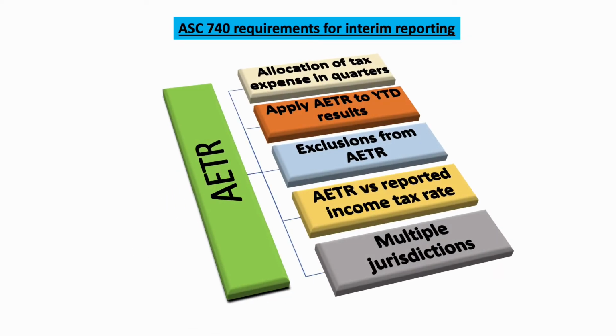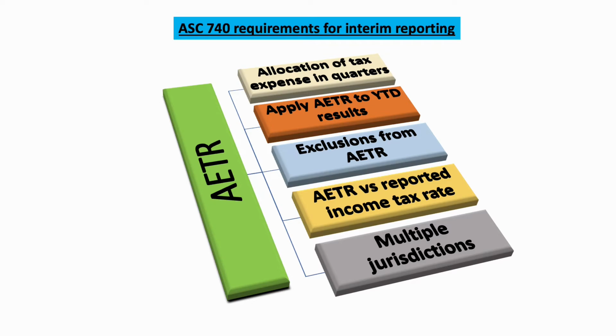So the first requirement is to calculate AETR, which means annual effective tax rate. What that means is when we are issuing interim financials, we do not know the actuals for the year, and we try to blend some of the actual figures with the forecast for the remainder of the year.